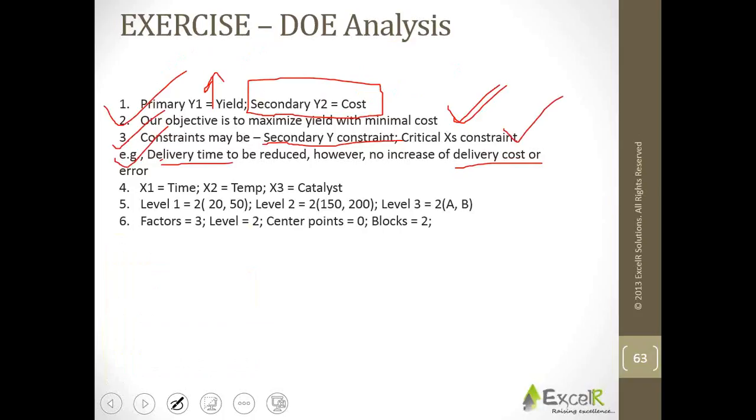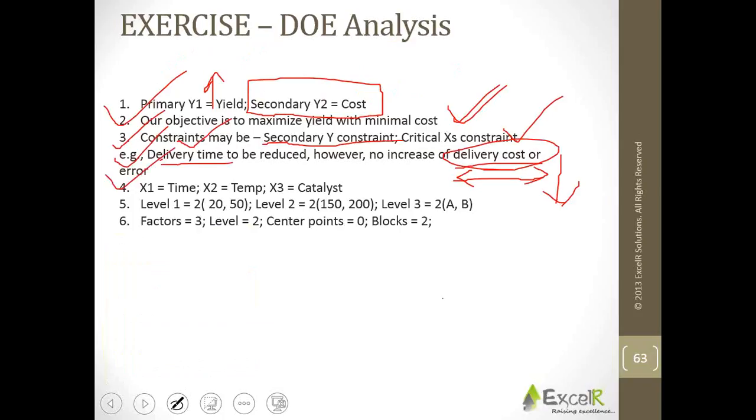If there are more people, delivery time can be reduced. That's a wrong solution. If you do so, your delivery cost is going to increase, right? So the challenge is to reduce the delivery time by either maintaining the delivery cost constant, or at least try to reduce it.